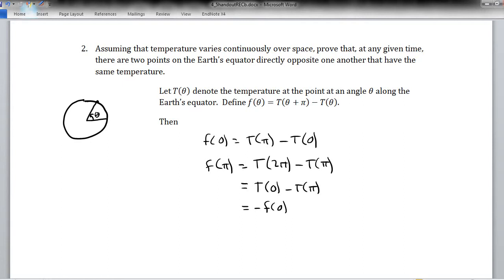All right. Well, before we use that, let's take care of one sort of simple case. What happens if f of 0 is actually just equal to 0?